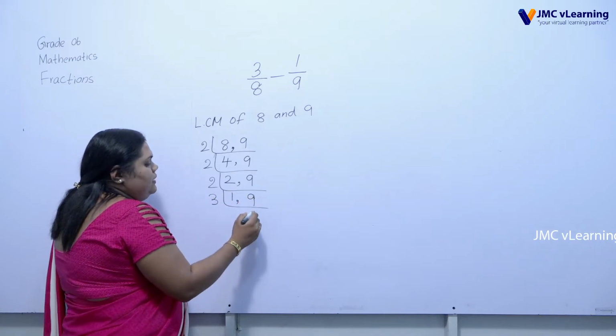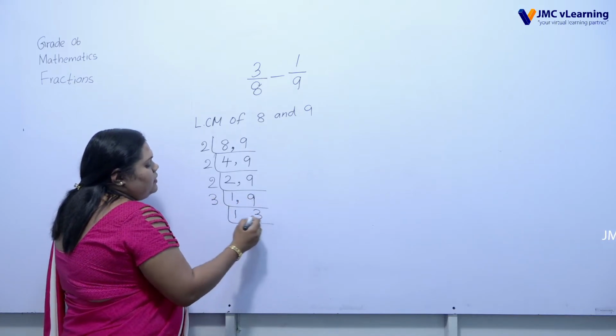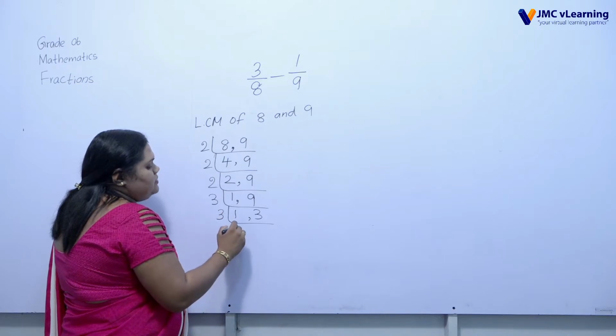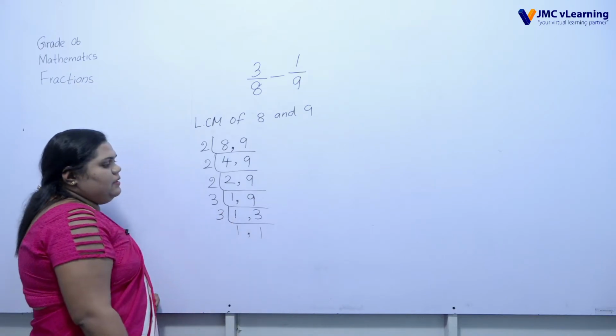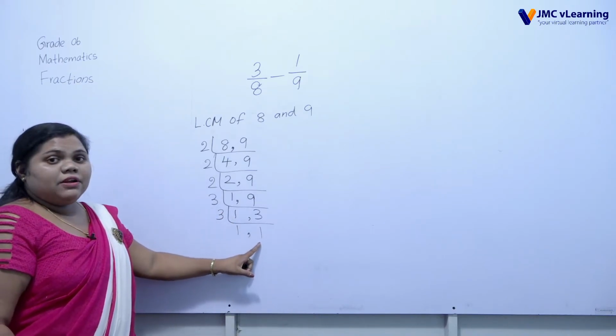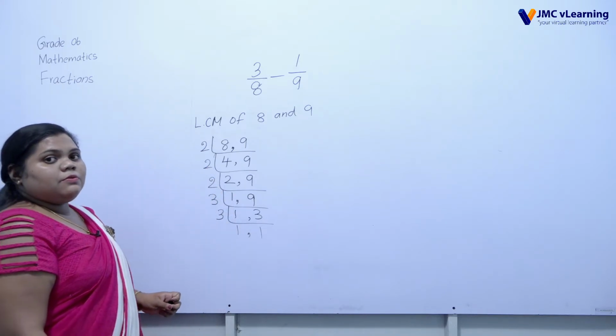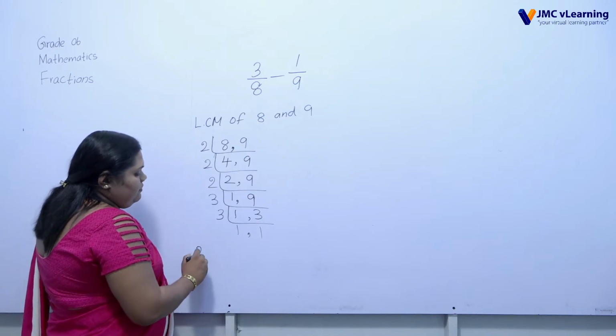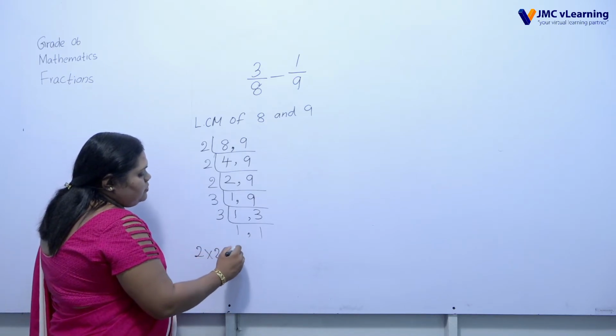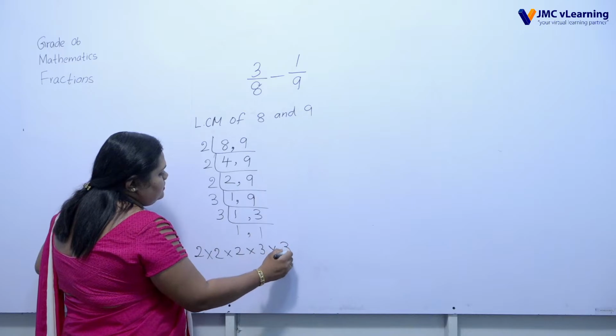How many 3's in 9? 3. Again we can divide this one by 3. Okay. Until we get 1, we have to divide the numbers by prime factors. After that we multiply these together to get the answer.